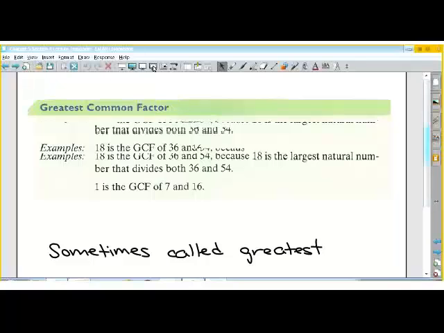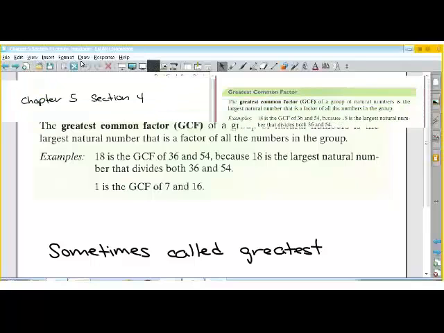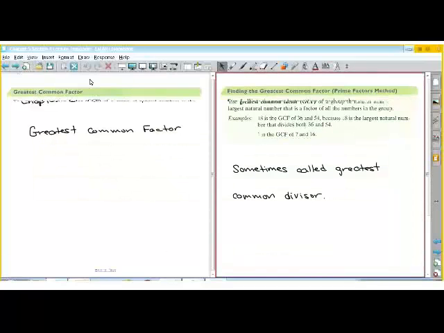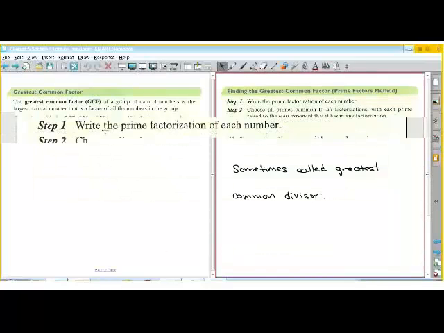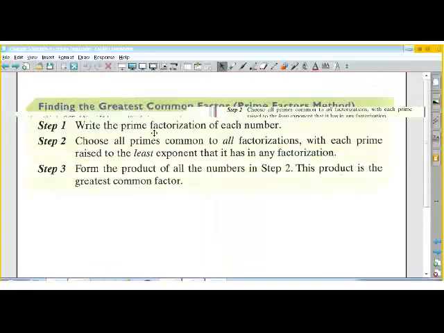But what you can do is use prime factorization to come up with the answer without having to list all the factors. And there's 2 ways of doing it, and they give you the same answer. The first method is you write the prime factorization for each number, and then you choose all primes that are common to the factorizations, and you use the prime number that has the least exponent.